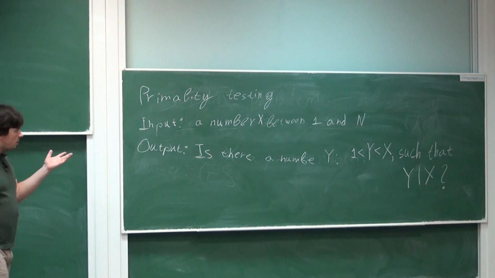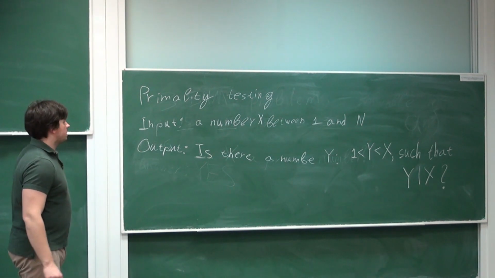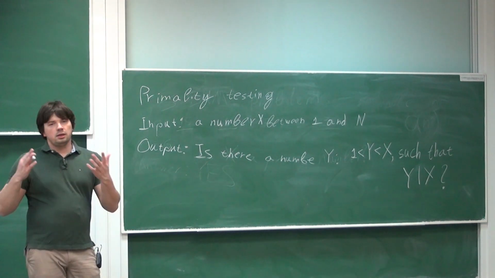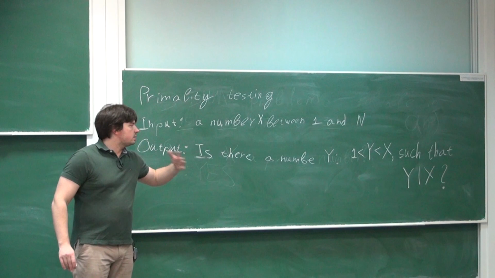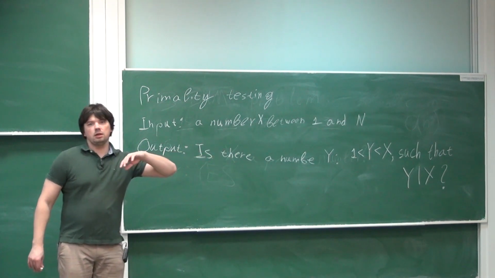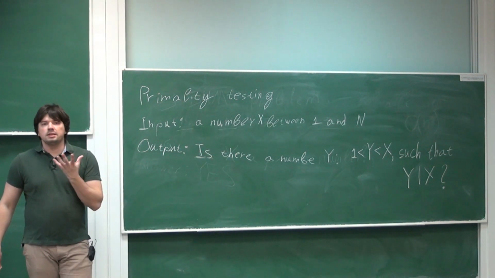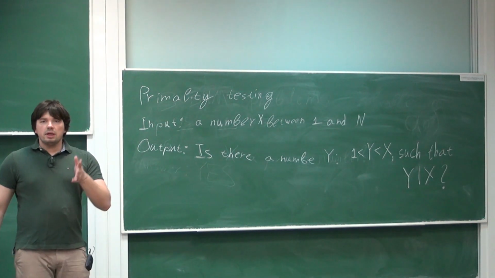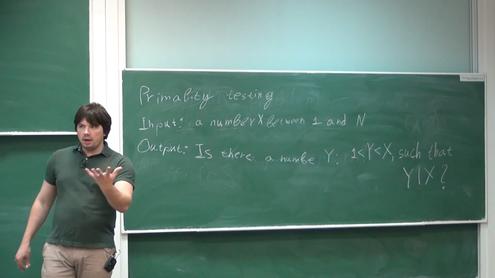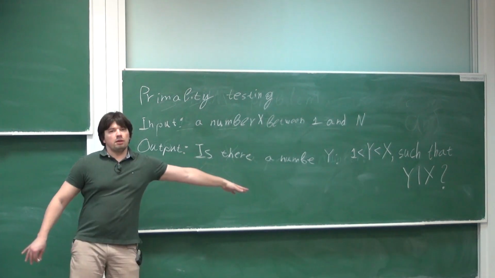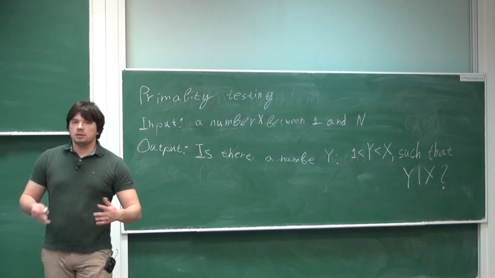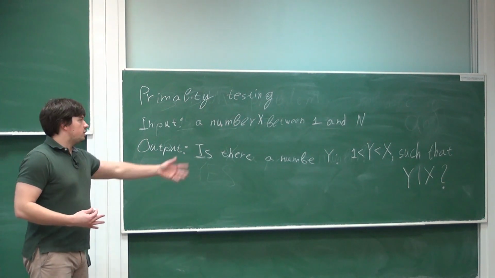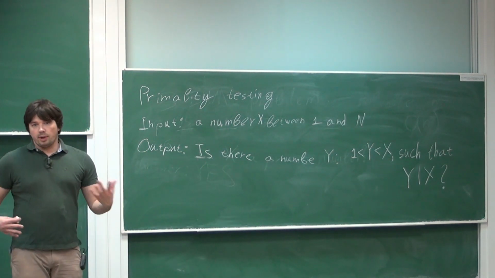So this is a lot better because now our question is about finding something, and when we find it, it's easy to check if this is the correct thing we are looking for. If I give you the y, you will verify that y is indeed the witness of x not being a prime by just trying to divide x by y.